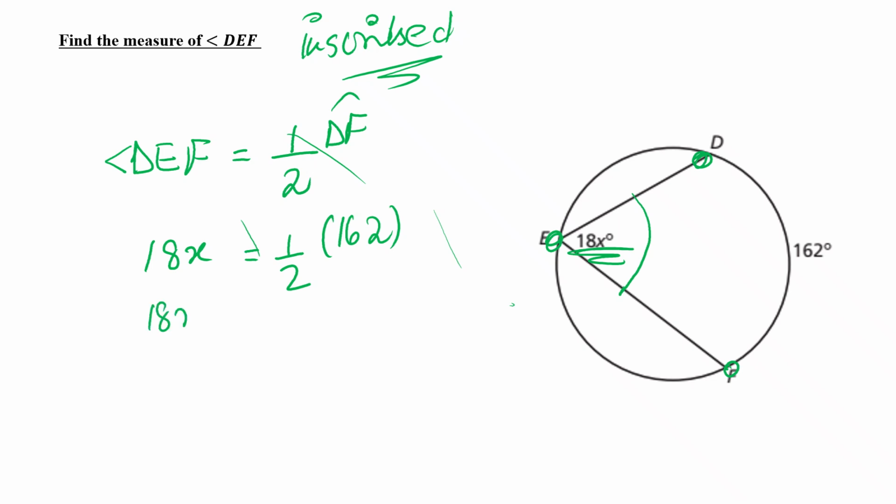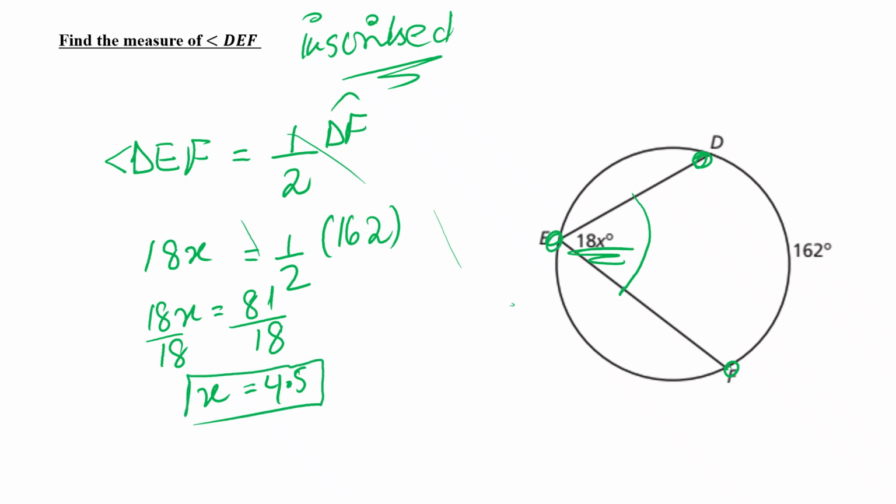Write it down: 18x equals half of 162, which is 81. To find the value of x, divide both sides by 18. So 81 divided by 18, you will get 9 over 2 or 4.5. So x is equal to 4.5.